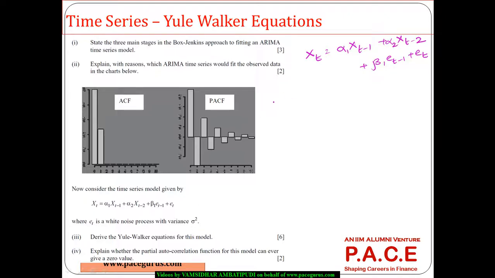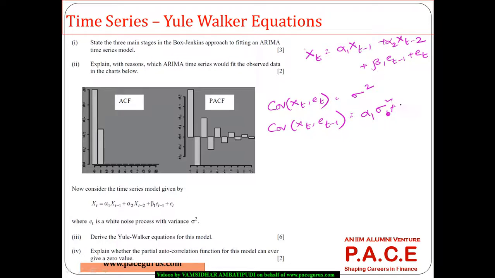Now that the e_t terms are there, I'll first take the covariance of x_t comma e_t. So e_t comma e_t is nothing but sigma squared. Then I can take the covariance between x_t and e_{t-1}. This comes out as alpha 1 times the covariance between e_{t-1} and x_{t-1}, which is sigma squared, plus here this is 0.